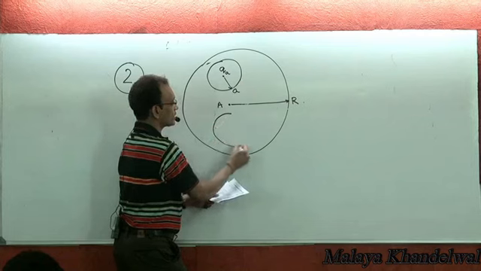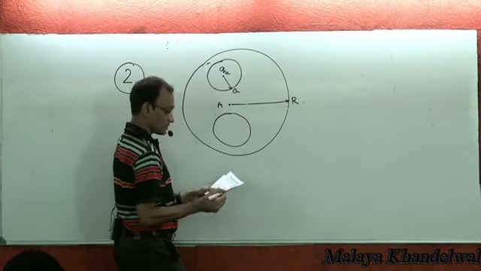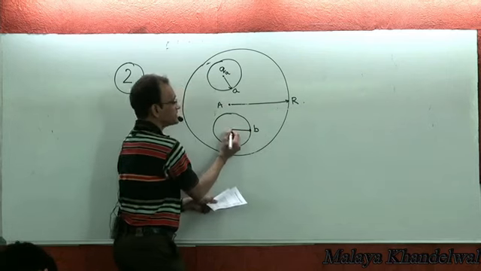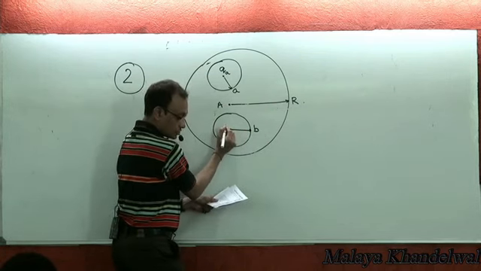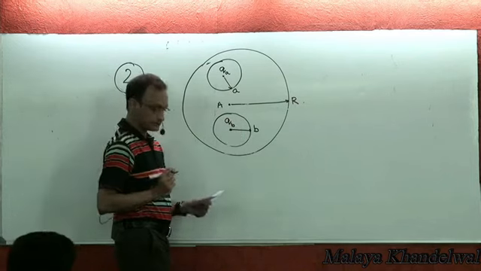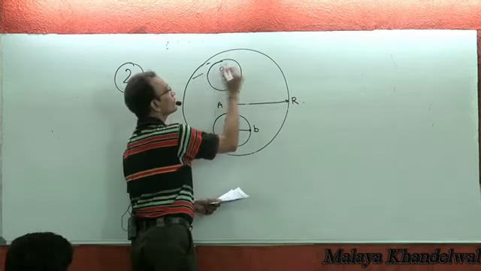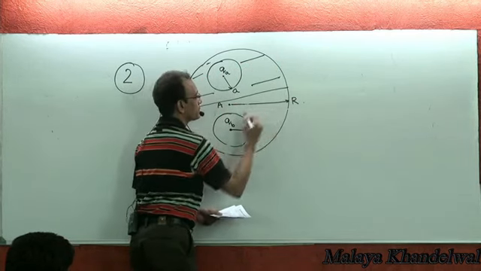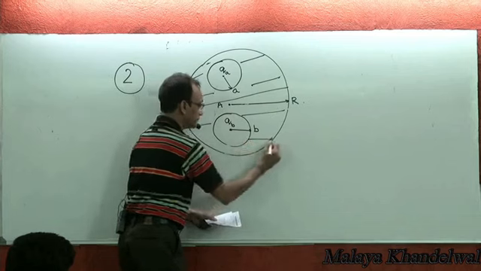There is another cavity of radius B, and at the center of this cavity a charge QB is kept. Right? The rest is conducting material. Right?